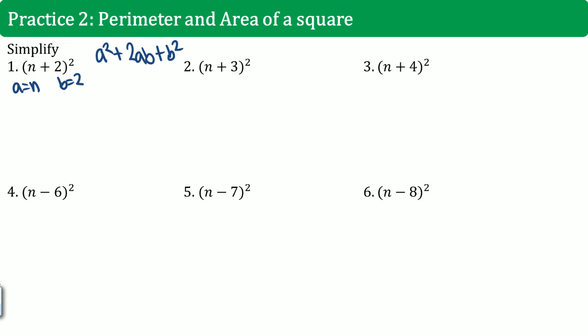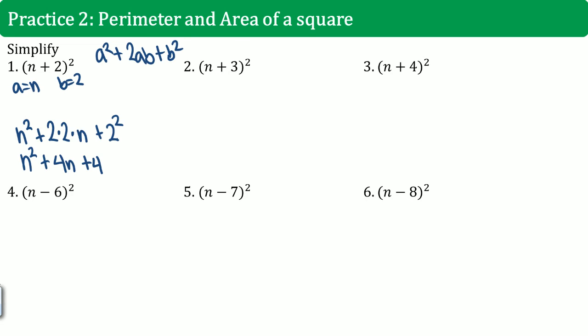So the final answer here, after I do some algebra, would be n squared plus 2 times 2 times n, and I'm going to add that to 2 squared. So it's n squared plus 4n plus 4. That would make sense.